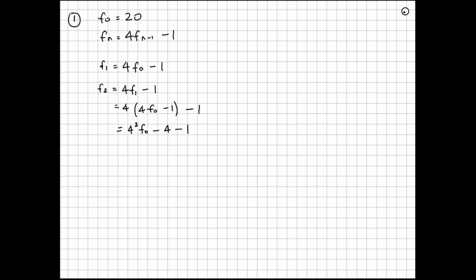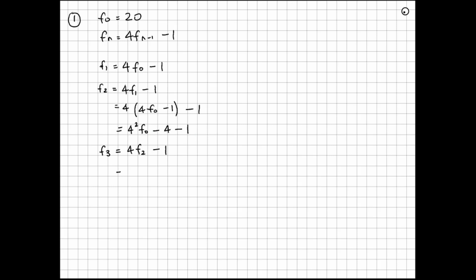Now for f3, which is the last one we're asked to find, we'll have our definition as 4 times f2 minus 1. And again, we'll insert f2, what we just evaluated, so that we can get everything in terms of f0.